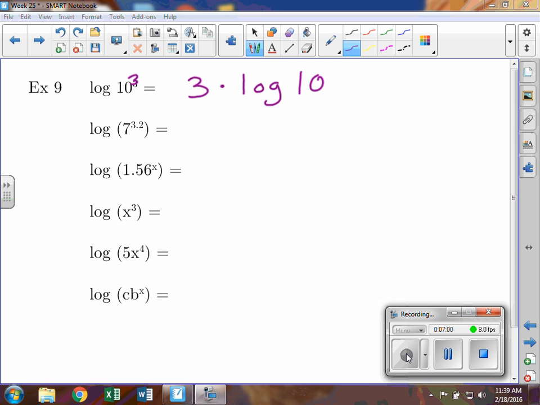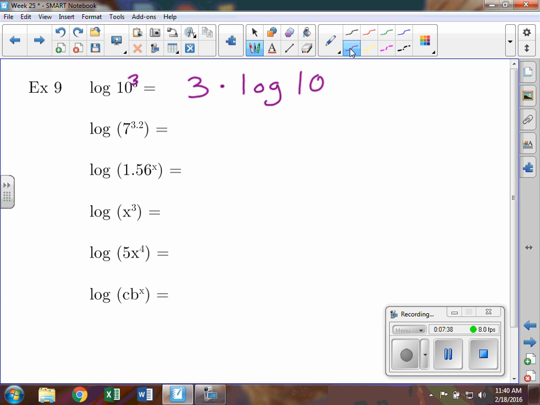To continue this particular thing, Alex made the point that if we were doing what we had with the last video, the log and the 10 would cancel and we'd have just the number 3. Well, we encounter the same thing. Log of 10 basically cancels because it's actually just the number 1, and we're left with just 3 to fully simplify it. Well, I was not planning on fully simplifying these. This particular example was picked just so that we could run through and see how the rules work.